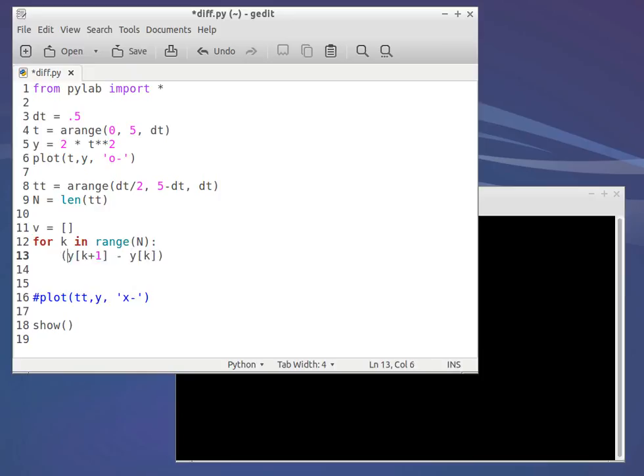This is our dy, right, and by dt. So this is the value, and this should be appended to our empty list. So we can just plot it and see now.